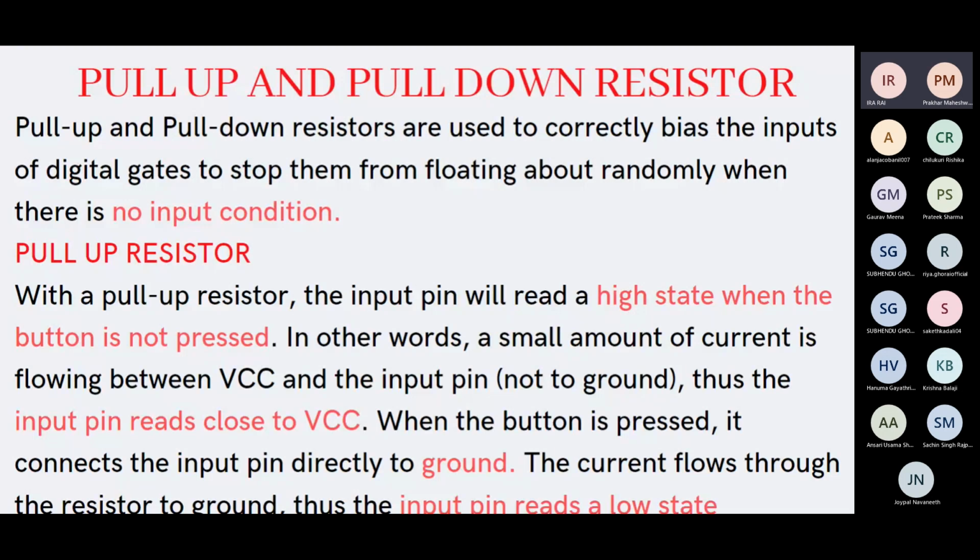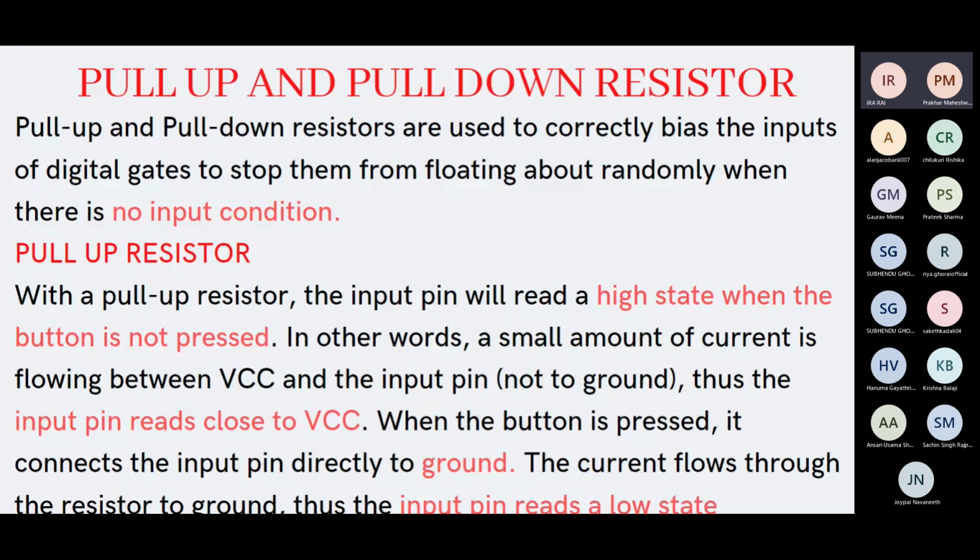The floating state is undefined because there can be thermal noise, electrical noise, or electromagnetic disturbances. Because of all these reasons, the pin state when it is not connected is undefined. So we want to avoid that state, and we make use of pull-up and pull-down resistors.